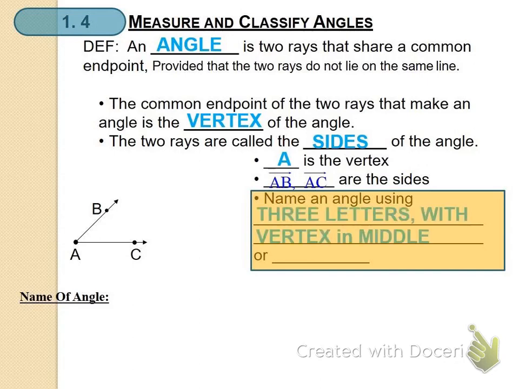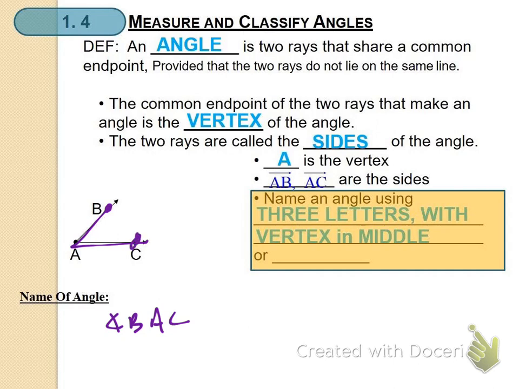When we name an angle, the idea is to use three letters with the vertex in the middle. The idea is that we should be able to start at a point and trace the angle without backtracking. So if I start here at B, then I can name points so that I'm tracing the angle. So to trace the angle, I go from B to A to C. So angle BAC would be one way to do this.